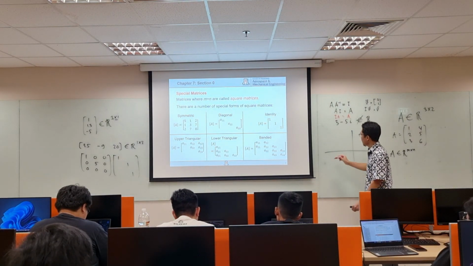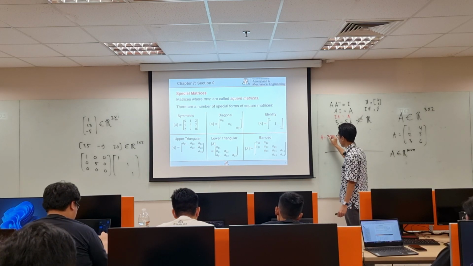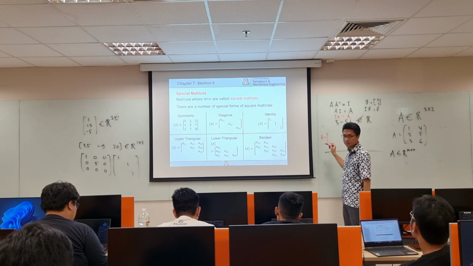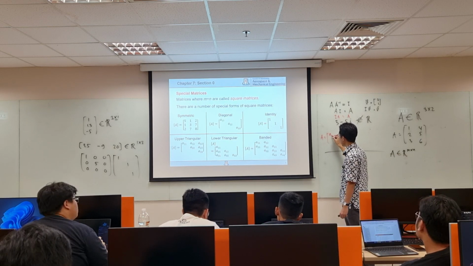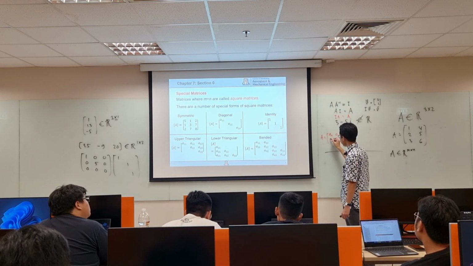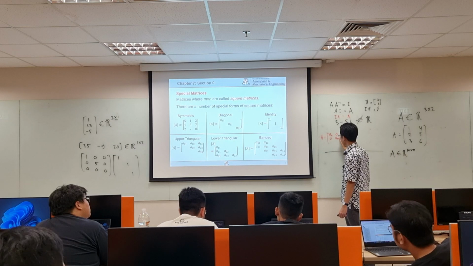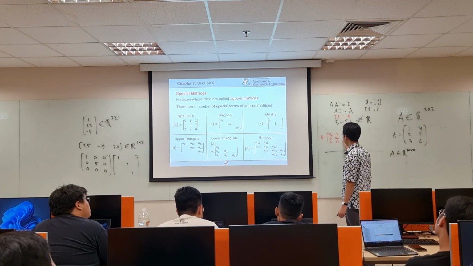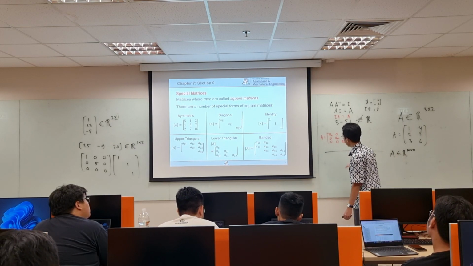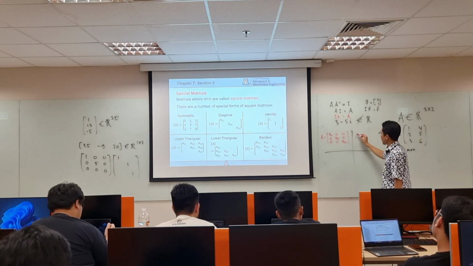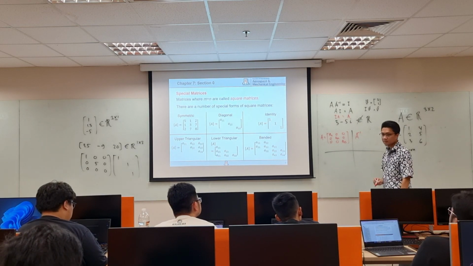Okay, let's say I have matrix A to be a diagonal one. This is A11. This is A22. Okay, can you get the inverse of this matrix?